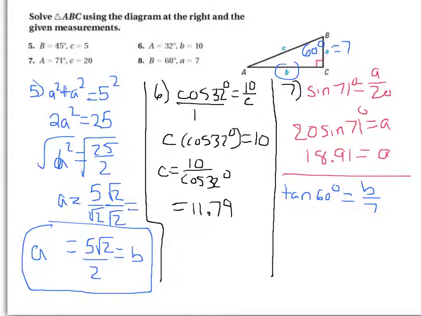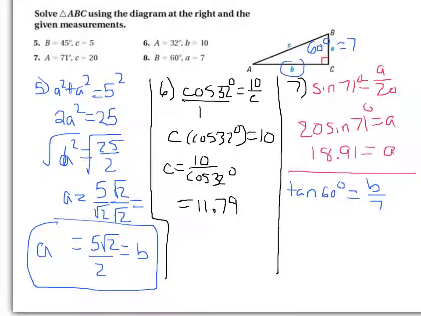Okay, well, we know the tangent of 60 because I told you we have to memorize that, so if you need to, look back at the chart. But tangent of 60 is equal to the square root of 3. So B divided by 7, so B is equal to 7 square root 3.